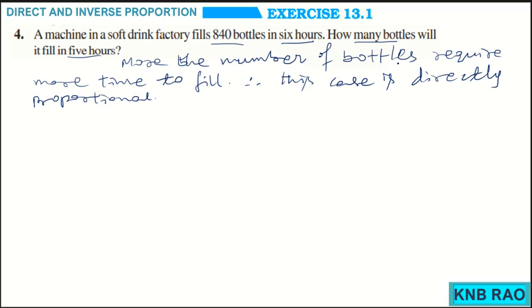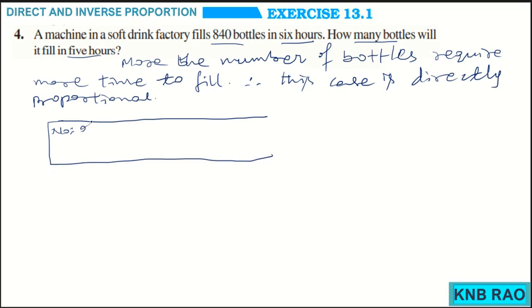So, first you identify whether they are directly proportional or not. After identifying that they are directly proportional, you form a table containing the number of bottles and the number of hours, or you can say time.